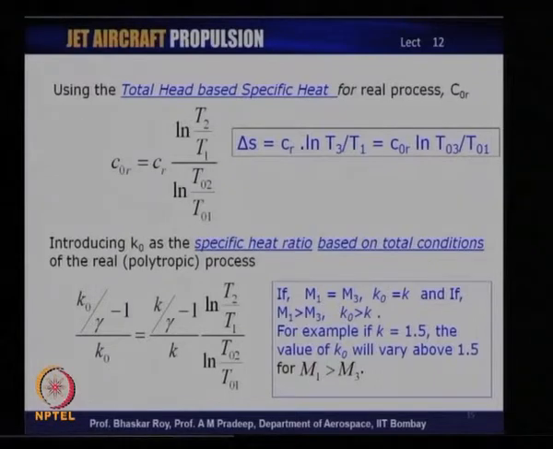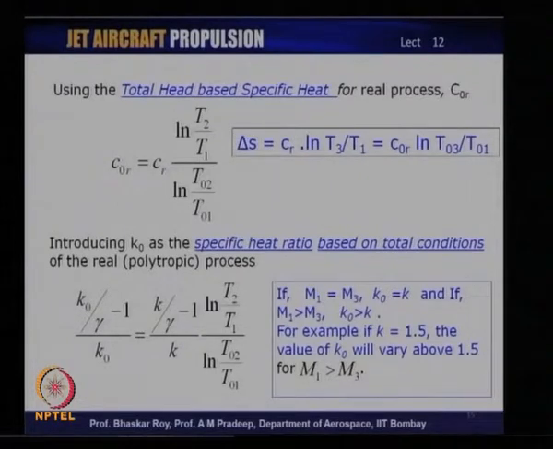This K_0 can be written down as K_0 by (gamma minus 1) divided by K_0, equal to K by (gamma minus 1) divided by K into ln(T2/T1) divided by ln(T02/T01). Now, these are all derivable definitions from the earlier thermodynamic definition that we have just introduced.